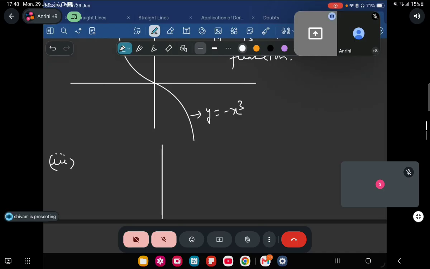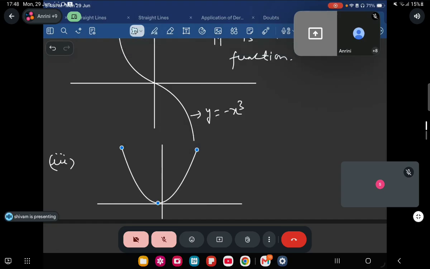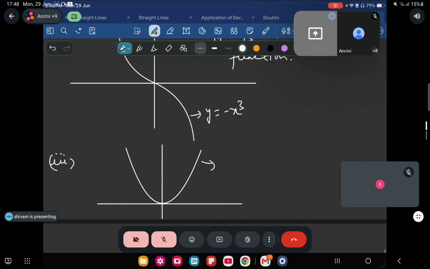Next, number three. But sometimes you can get a local minima as well. Here we are getting a local minima at x equal to 0. So that is why you have to check LSD and RSD to understand whether you will get local maxima or local minima or not.